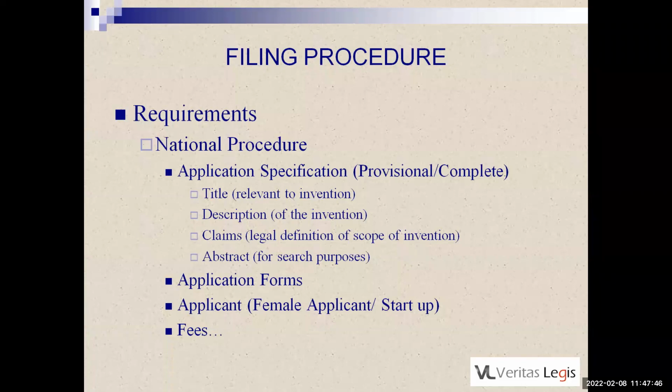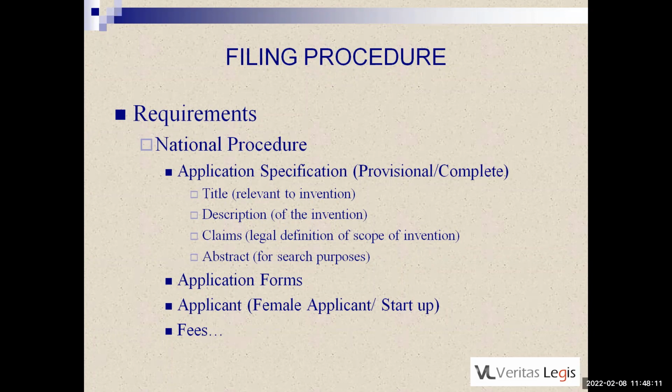So for application specification, there is a particular format for a patent document. It covers the title of your invention, then description about the invention, then basically claims. In a patent document, claims are the most important part, because you can say they are the heart of the invention.